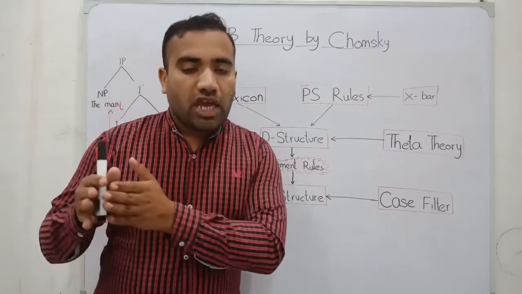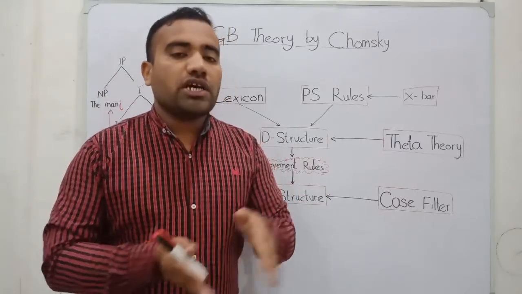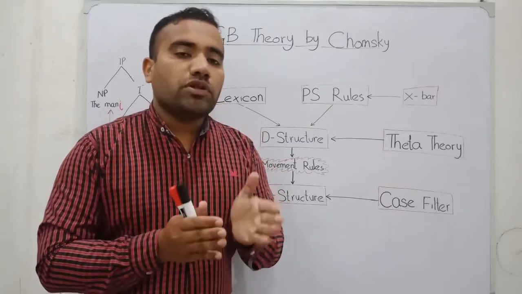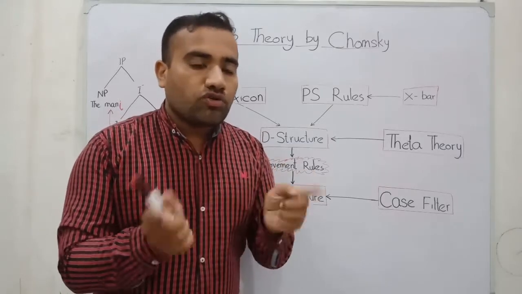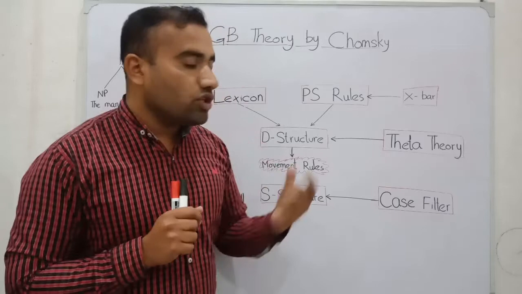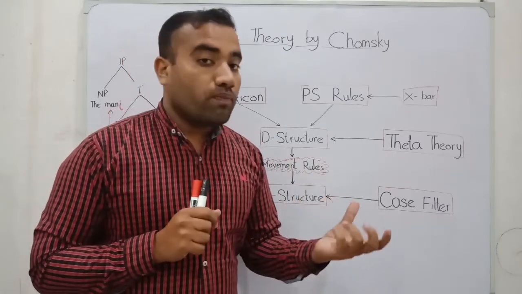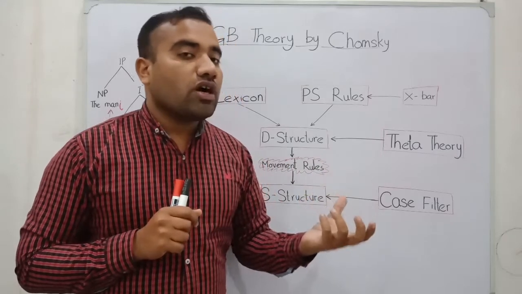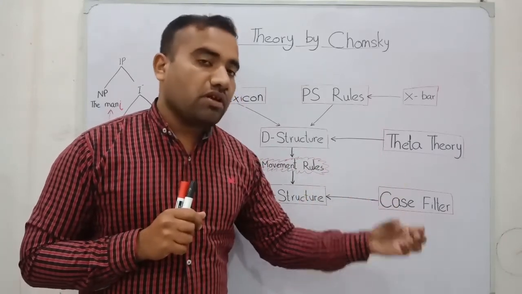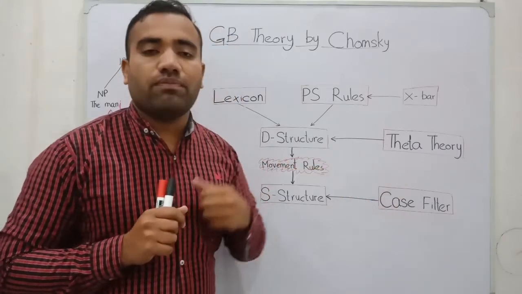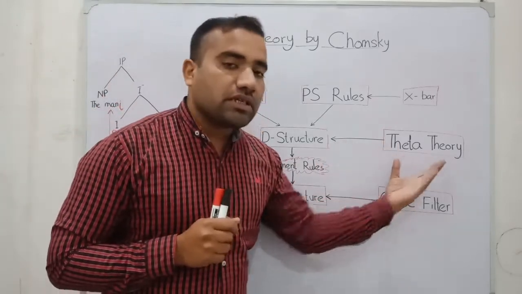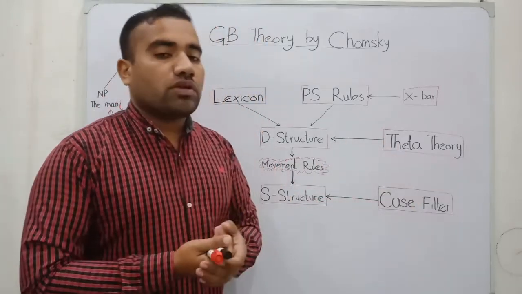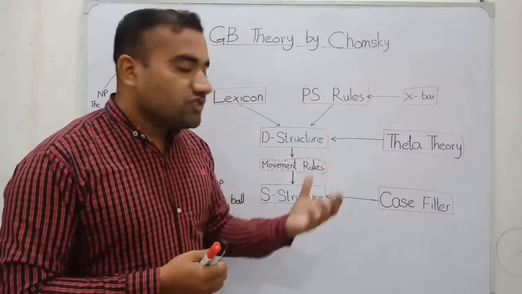One is the external NP and one is the internal NP. And we should know what the roles of these two NPs are. How can we know what the role of the external NP is and what the role of the internal NP is? Basically, theta theory tells us the rules about the NPs within the sentence.